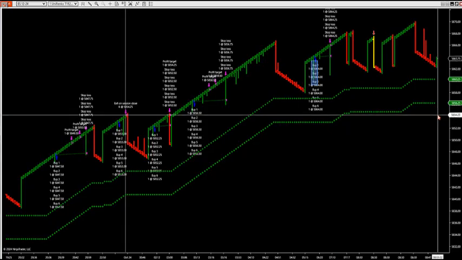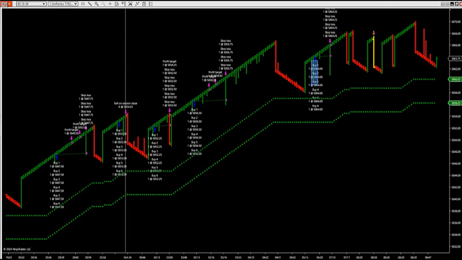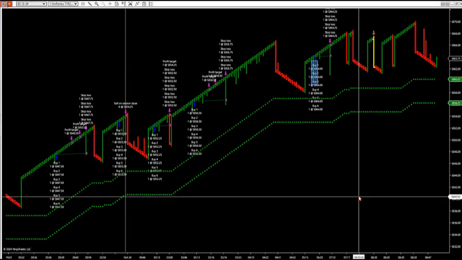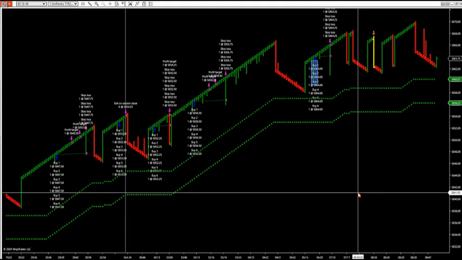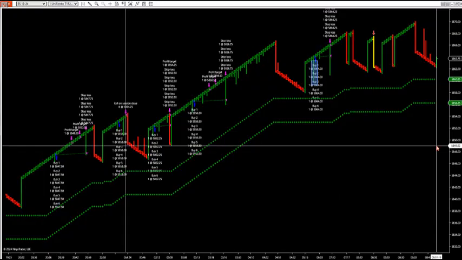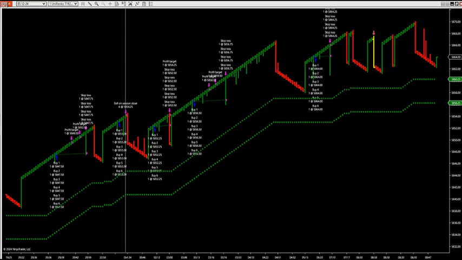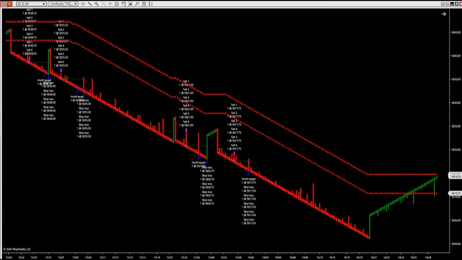And after the V bottom, it will look for the first liquidity grab trade. So we'll see if we can get a V bottom here first, and then we'll look for the first liquidity grab trade. And then I'll show you when this liquidity grab trade goes long.